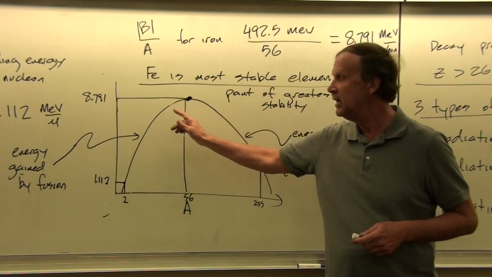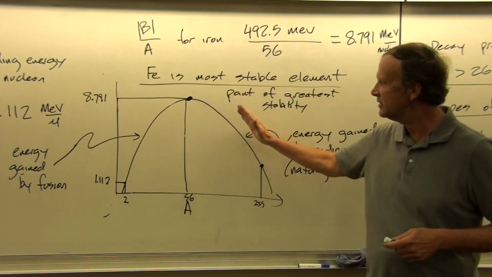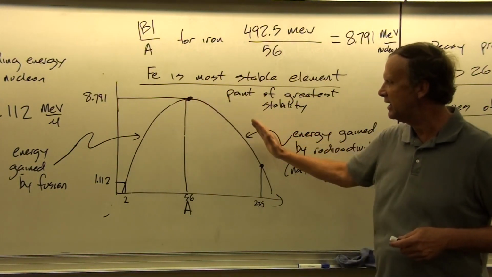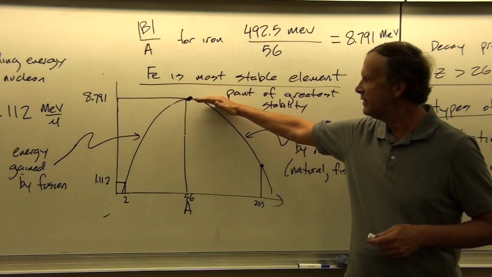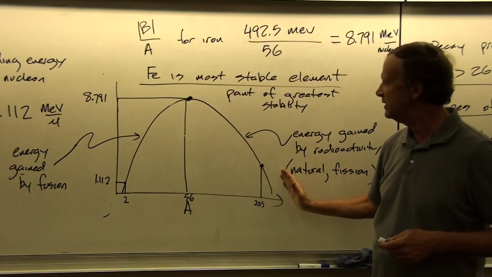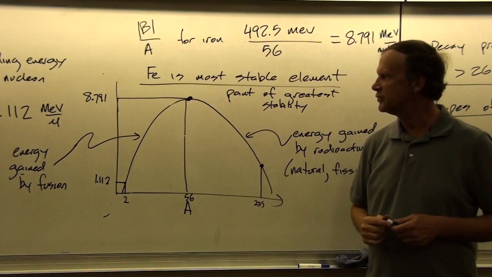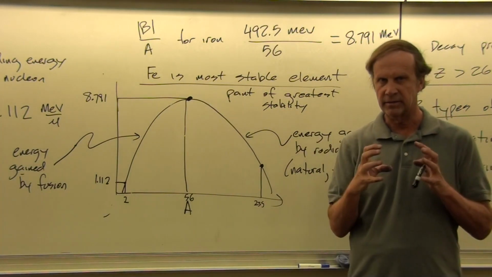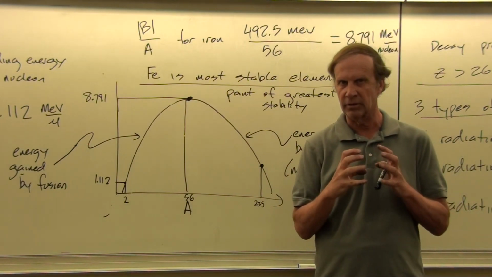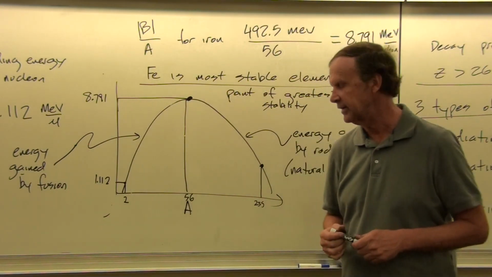We still can. But the main process that drives radioactive decay for elements greater than iron is going to be due to these atoms wanting to maintain and gain their most stable configuration, which is the iron nucleus.